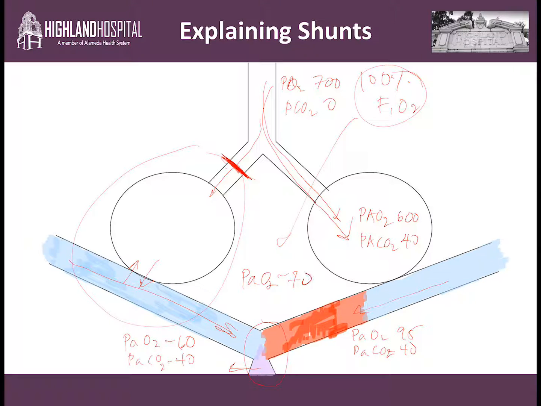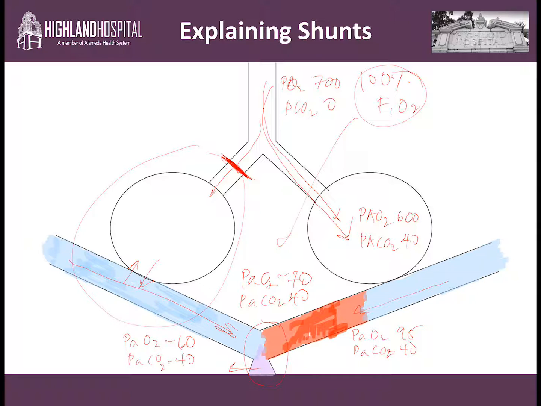Maybe you might come up to 70 or 75 now, and your PaCO2 will be about 40. So this is why, in the shunt case, giving 100% FiO2 will not correct the degree of hypoxemia. However, this will happen with all the other etiologies.